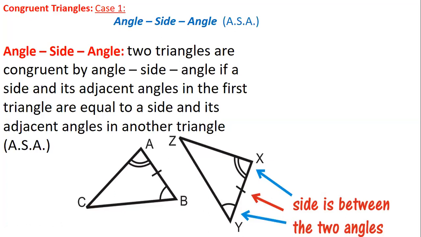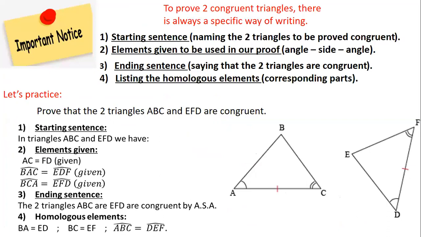Read all the slides. Angle, side angle. Two triangles are congruent by angle, side angle if a side and its adjacent angles in the first triangle are equal to a side and its adjacent angles in another triangle. What do we call this case? ASA. Okay, this is the case we are talking about.